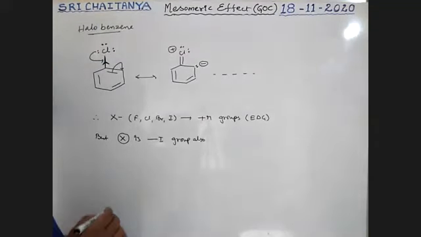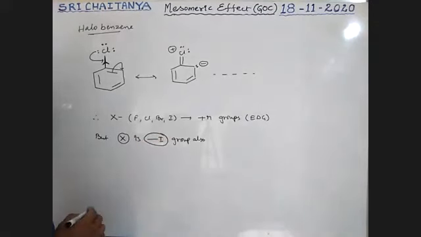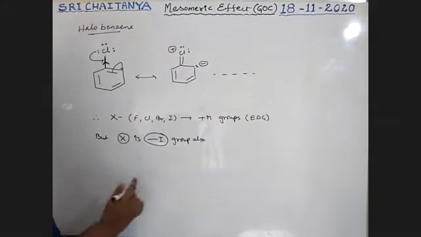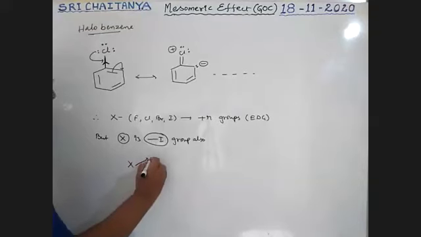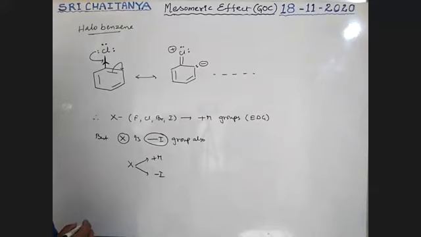That is the inductive effect, so it is a minus I group. So halogen is also a minus I group, boys. That means halogen has both plus M effect and minus I effect.